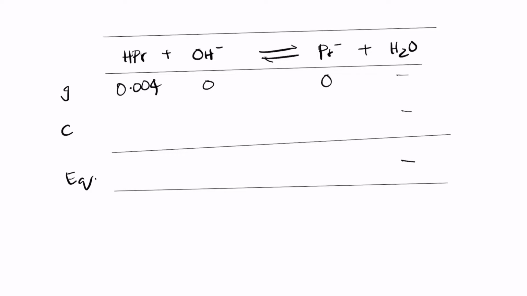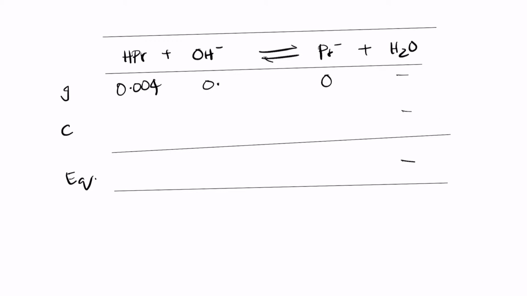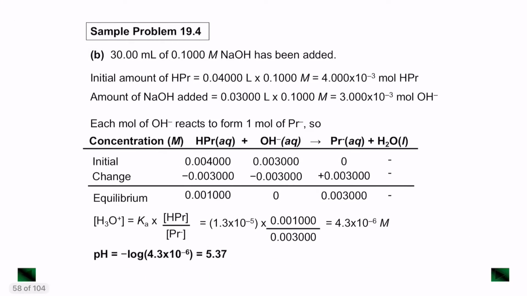Now we are adding OH minus of 0.003, which means this entire amount is being utilized by HPr. So we can write negative 0.003, negative 0.003, and this becomes positive 0.003, because the equal amount of OH minus that's being used creates the amount of Pr minus. So this becomes 0.001, this becomes 0.003, and this becomes 0.